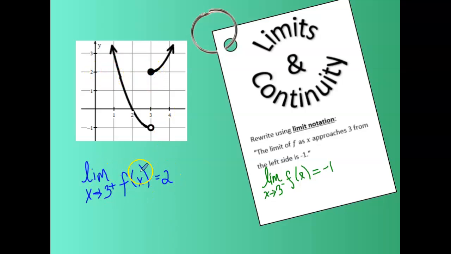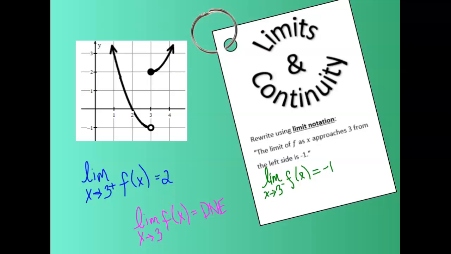Okay, so the limit from the left, that's this one, is -1. The limit as x approaches 3 from the right is 2. Those don't equal each other. So we would conclude then that the limit as x approaches 3 of the function f of x does not exist. The limit doesn't exist because they don't reach the same value.